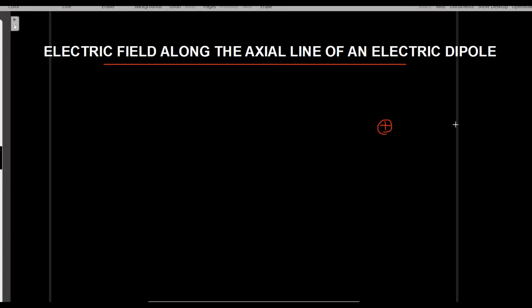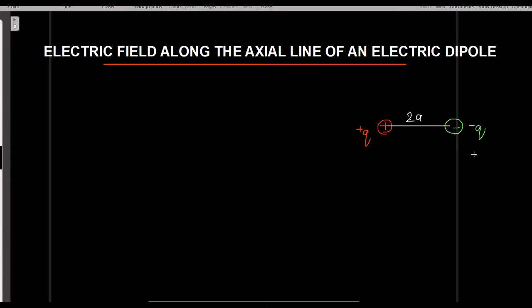Suppose we represent a positive and a negative charge. This is minus q and this is plus q. If these two charges are separated by a small distance, we represent that distance as 2a.